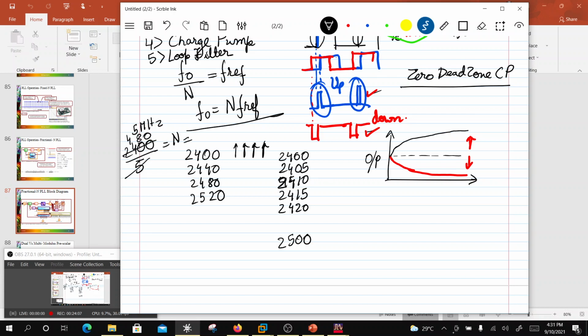So N is going to be 480 in the 5 megahertz case. In the 40 megahertz crystal case, it is 2400 divided by 40, which is 60. So if it is 5 megahertz, N is 480, and if it is 40 megahertz, N is 60.